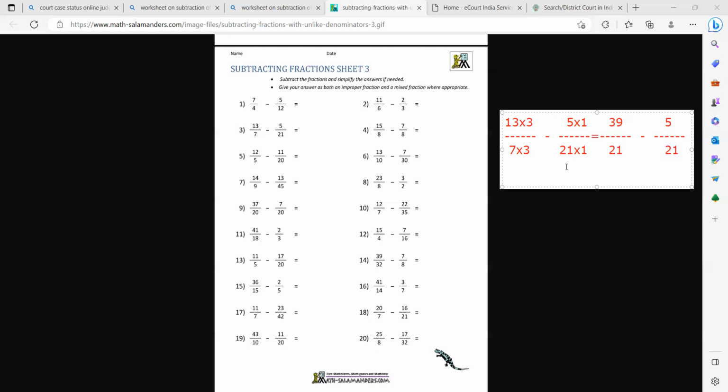So 39 by minus 5 will be how much? 34 by 21. 34, then we have 21.